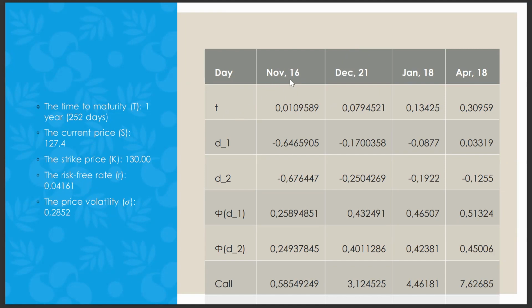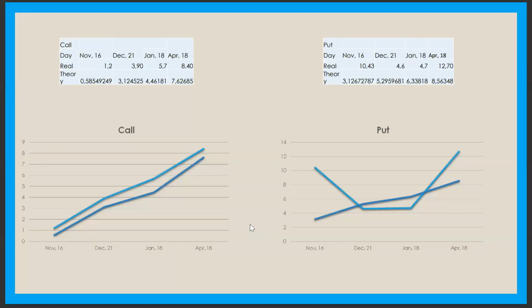Okay, after that we can compute D1, D2, N(D1), N(D2), and according to the Black-Scholes formula, we can get the call and put values.